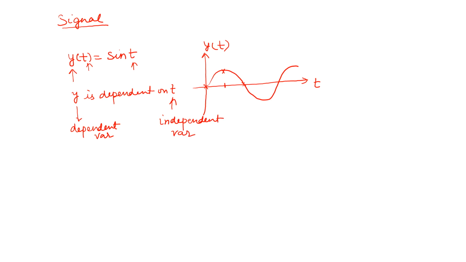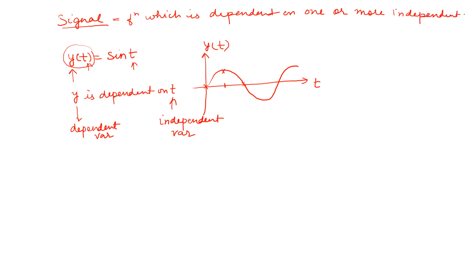So we can see that signal is nothing but a function. y(t) is a function of t. So signal is nothing but a function which is dependent on one or more independent variables.